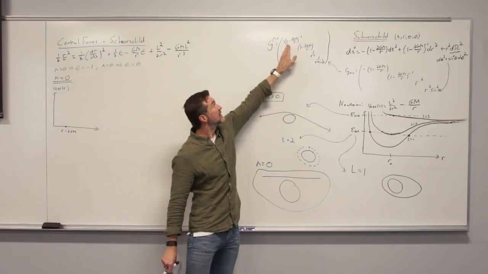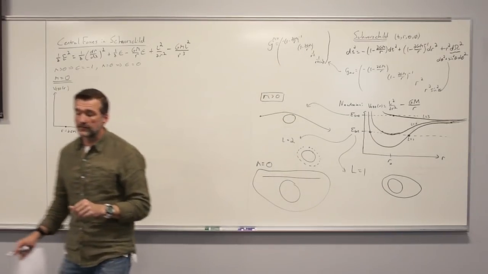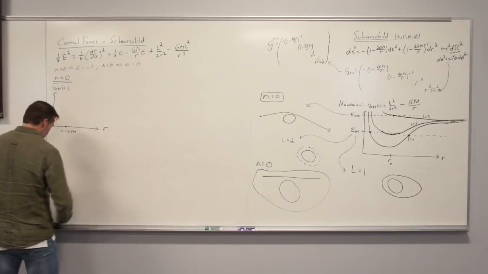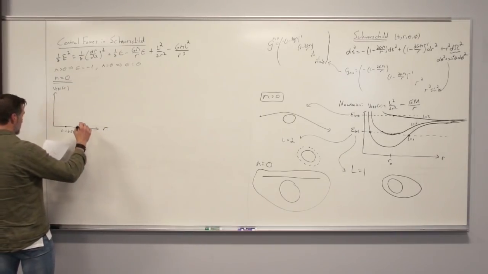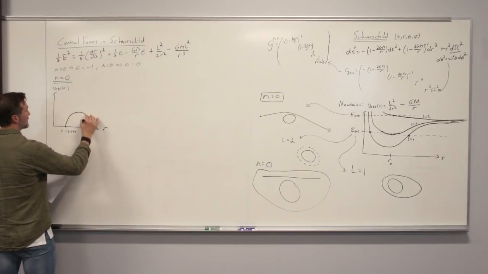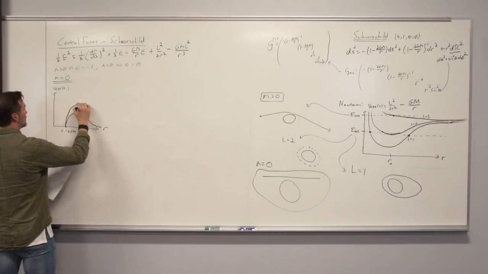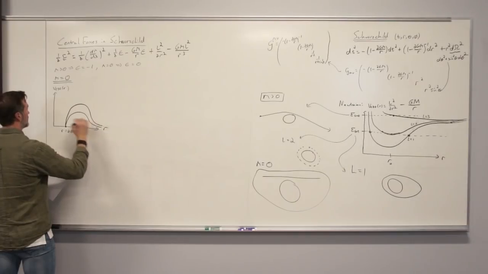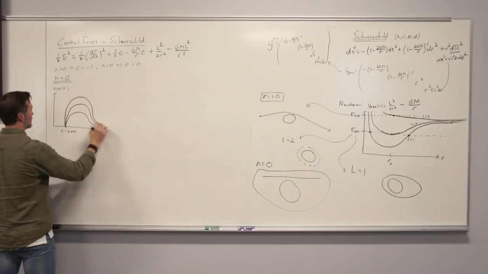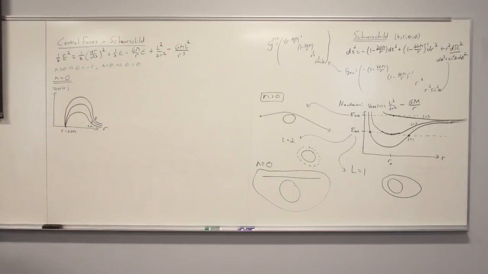When R is equal to 2GM, the terms in parentheses are 0, and things are obviously going sideways. But from R equals 2GM, what we find is the following. For different values of L, the effective potential curves look like this, where those are the L equals 1, 2, and 3 curves.